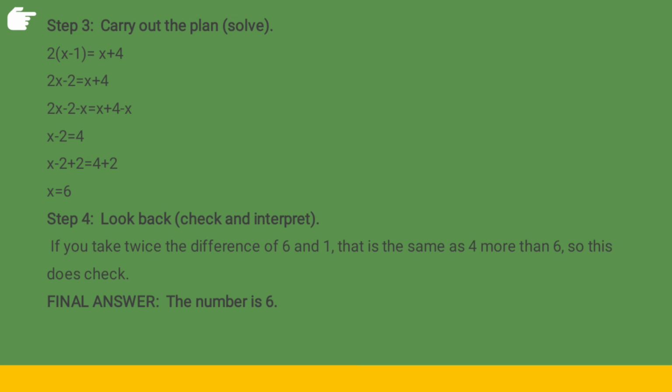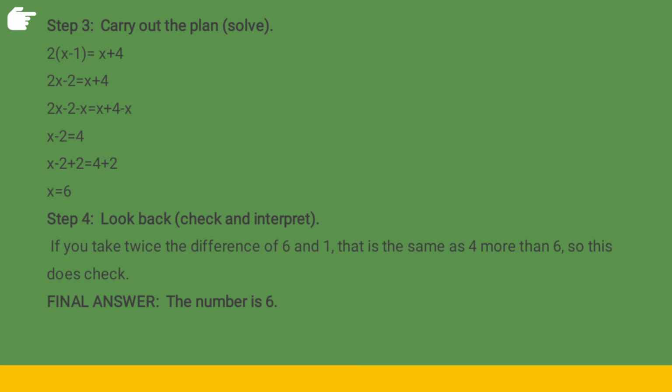And then we'll subtract x from both sides of the equation. We have 2x minus 2 minus x is equal to x plus 4 minus x. So right now we have x minus 2 is equal to 4 by combining like terms.